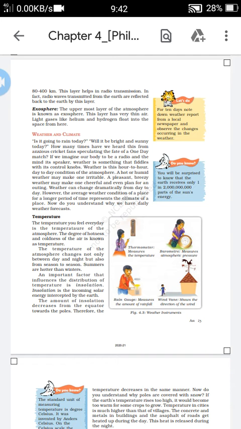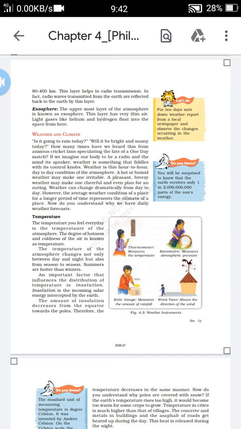So insolation is the solar energy coming from the sun. The amount of heat we receive towards the earth, that temperature, is distributed in the atmosphere in different ways.